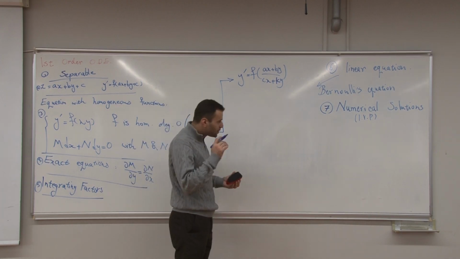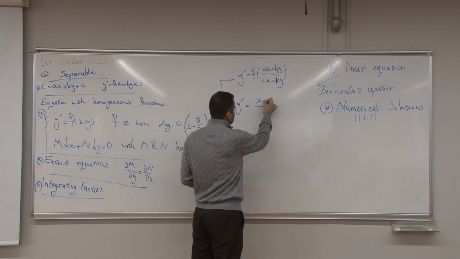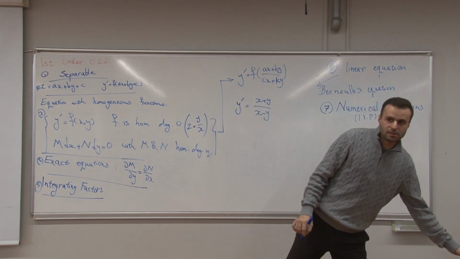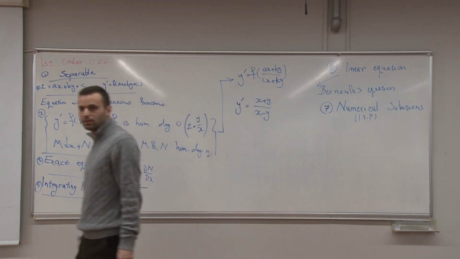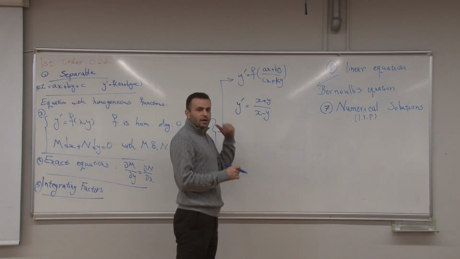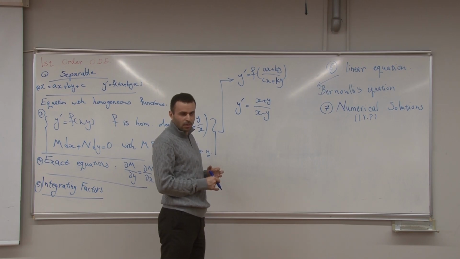If, for instance, you are given this equation, x plus y over x minus y, how can we solve this? What are your ideas? First try to see if it is separable or not. I think it's not. Maybe it is, but it seems it is not.